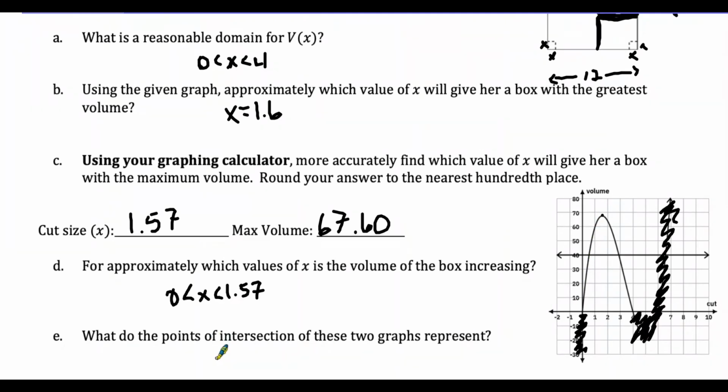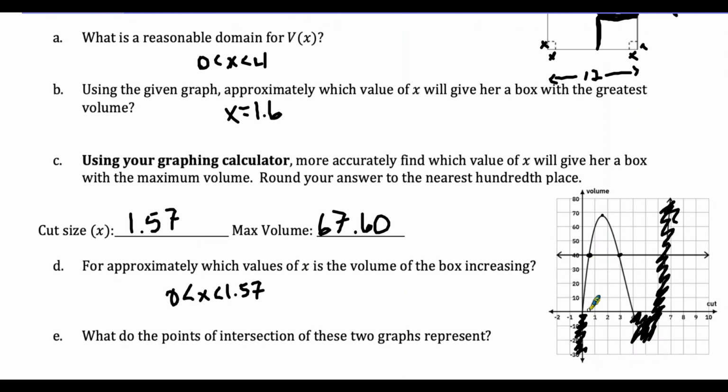And then finally, for part E, what do the points of intersection represent? Well, we graphed the horizontal line b of x equals 40. So what do those 2 points of intersection represent? Well, if my function represents the volume and I'm drawing a horizontal line at 40, those 2 points of intersection would just be the values where the volume of my box is 40.